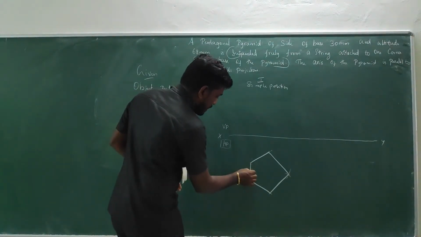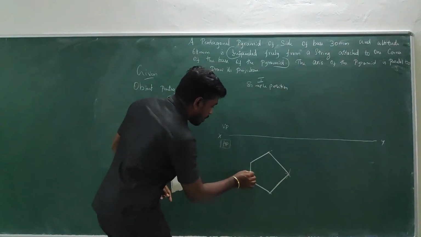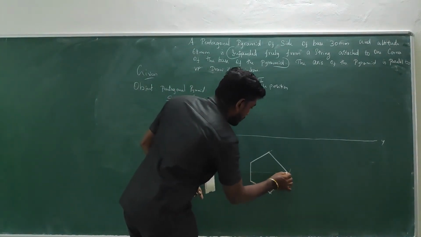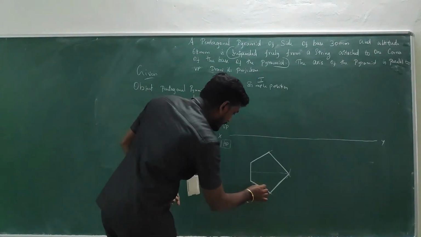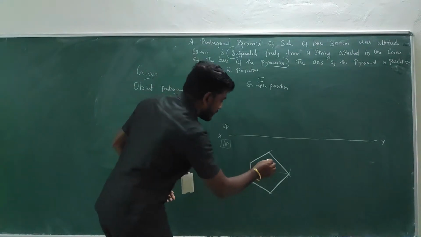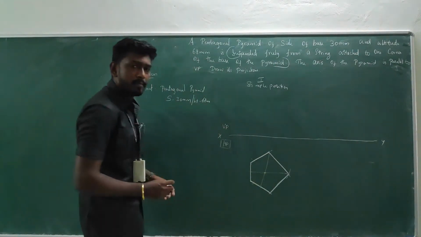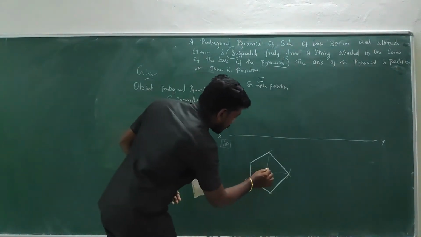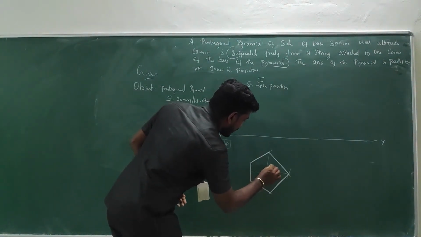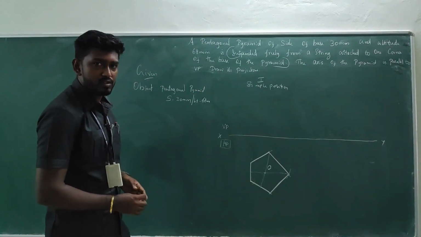It is so easy. Just take the midpoint of any side and connect it with the opposite corner. Then on the adjacent side, form the midpoint and connect it with the opposite corner, so that you will get the midpoint for the middle. That point is nothing but the apex O. Okay, apex O.